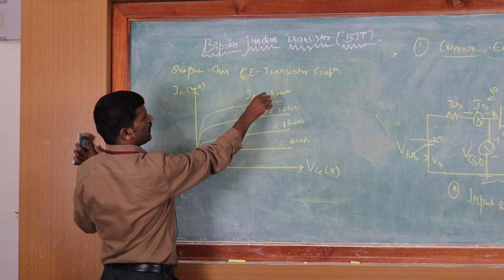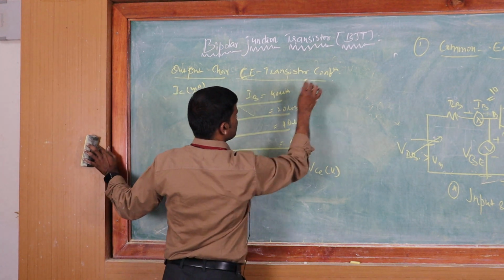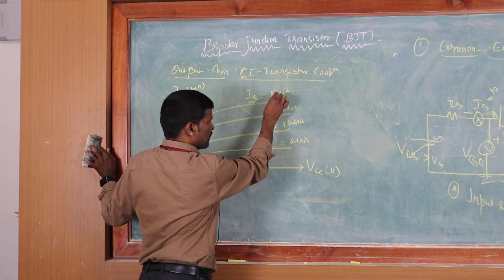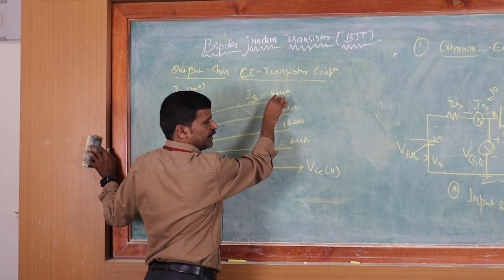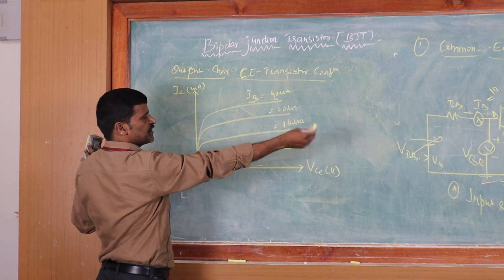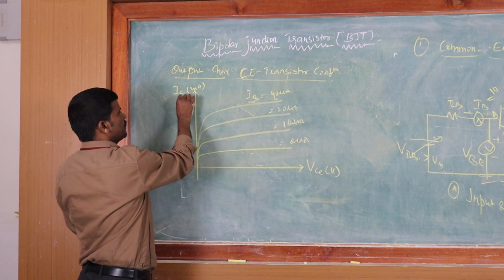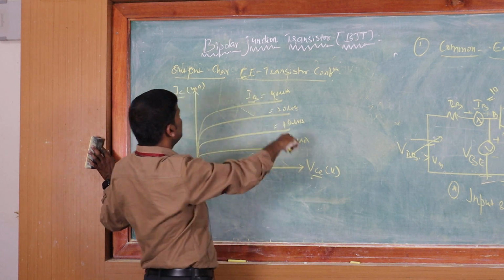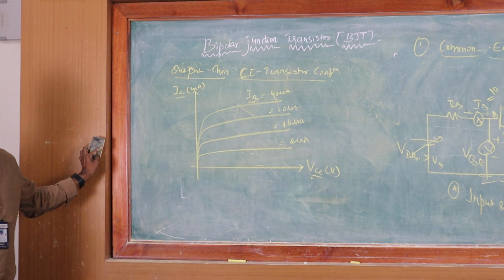This is called the output characteristics of the transistor configuration.